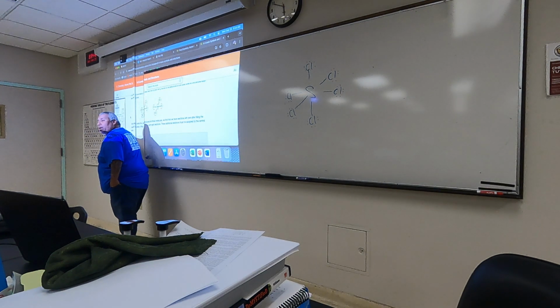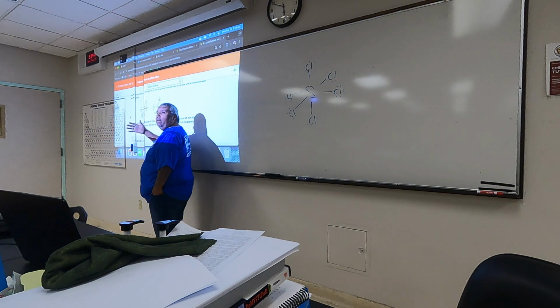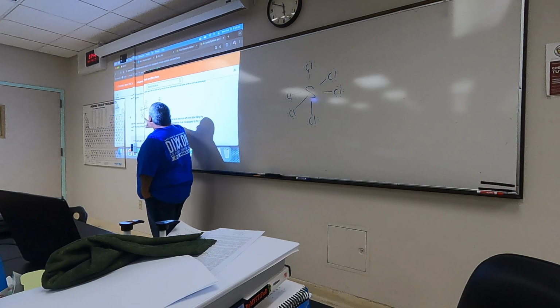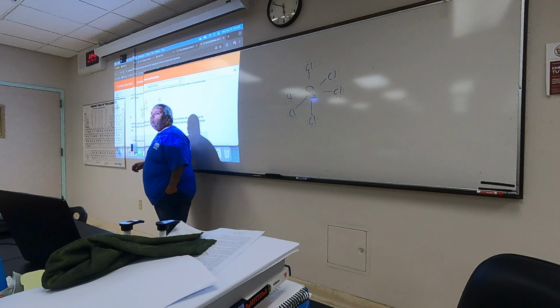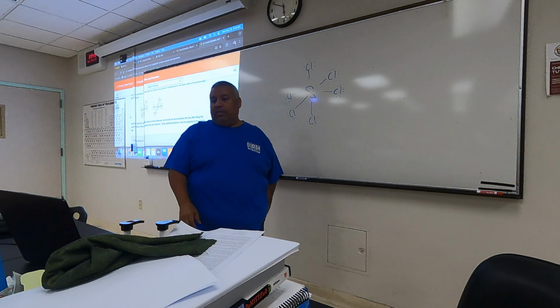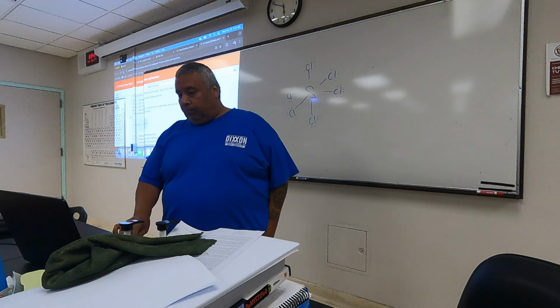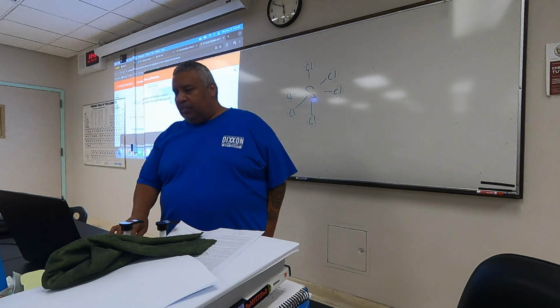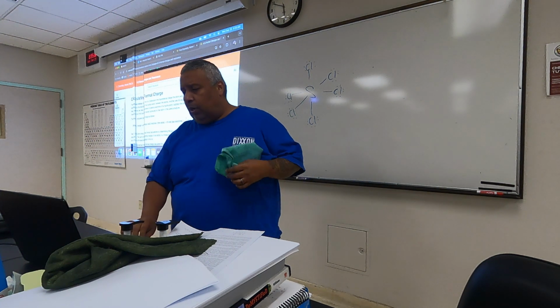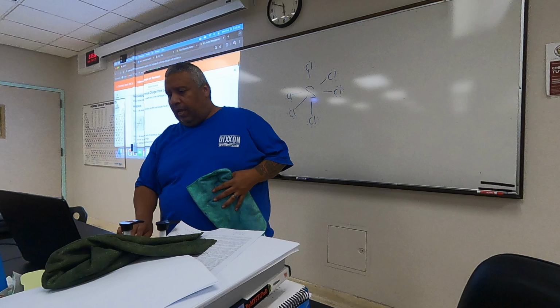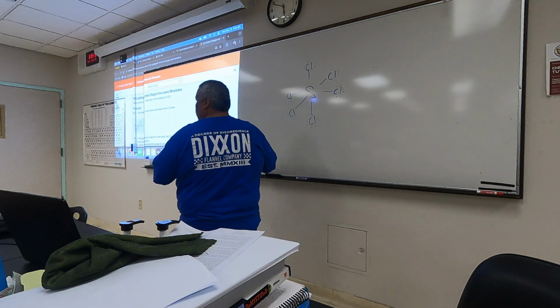Xenon is way down here, but it's hypervalent because it has access to a d subshell. So 2, 4, 6, 8, 10, 12, and we can have those because it has access to that d subshell. So calculating formal charge. Let's get back and make sure we're understanding how to calculate the formal charge here.